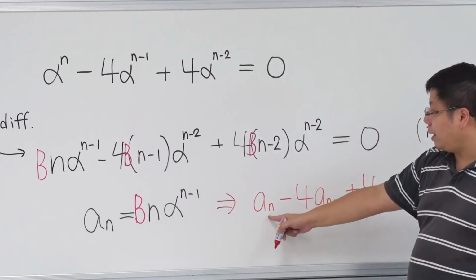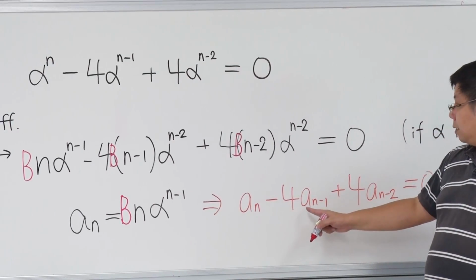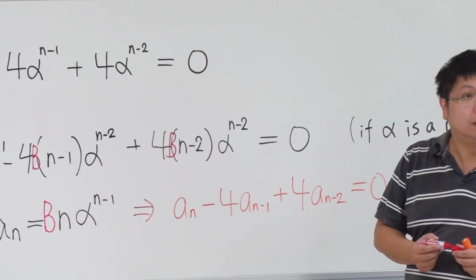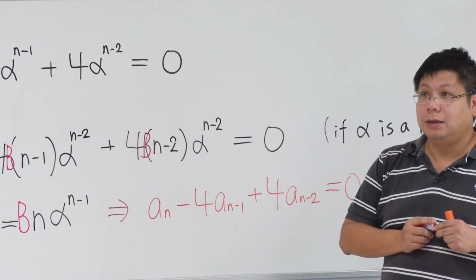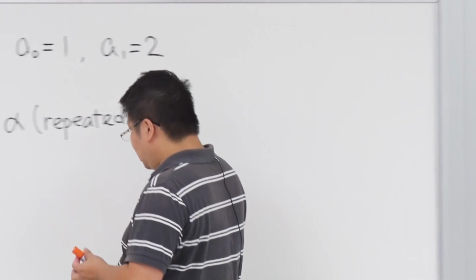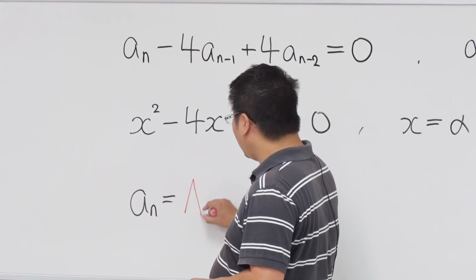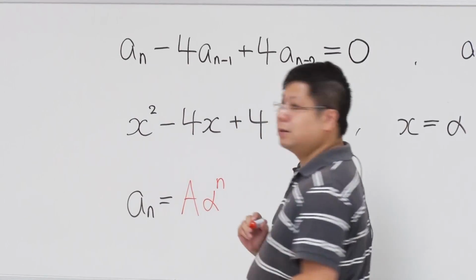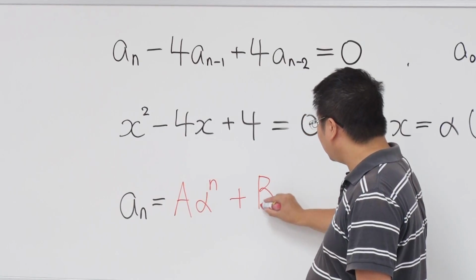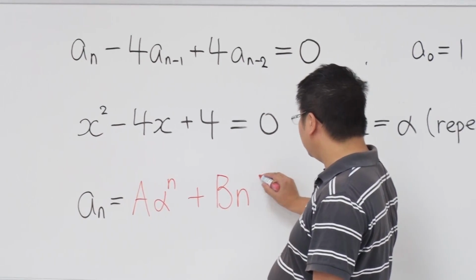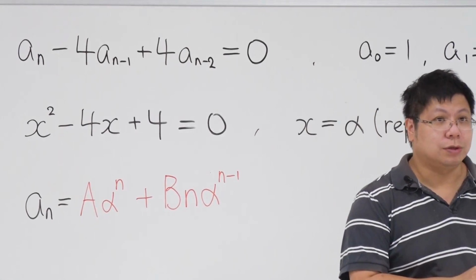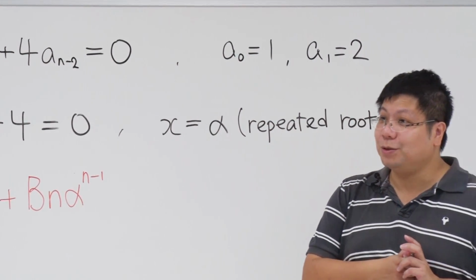And then we will still have an minus 4 times an minus 1 plus 4 times an minus 2 equal to 0. Okay? So if alpha is a repeated root, not only can we write down a times alpha to the power n, we can also write down b times n times alpha to the power n minus 1. It's a solution. Does that make sense to you?